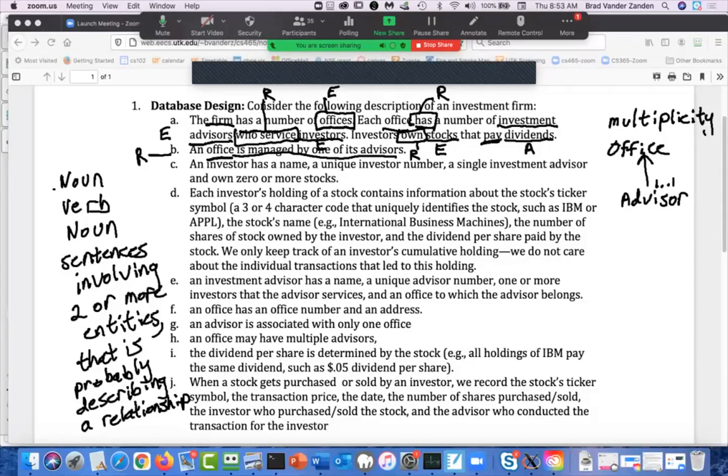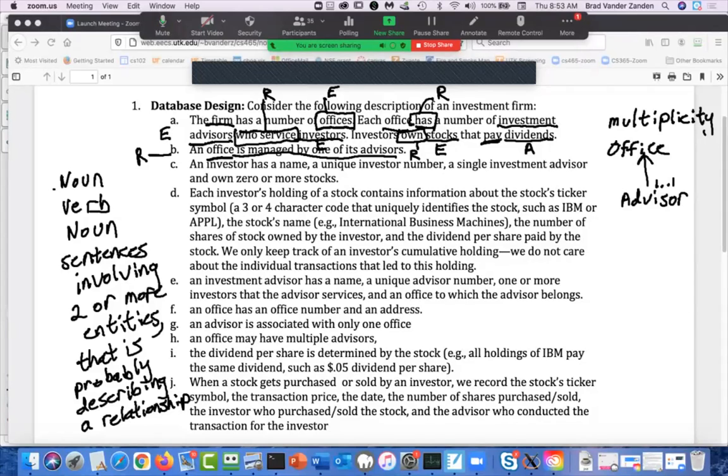So not only is B telling us about a relationship, it's also giving us multiplicity. Now, it's not telling us how many offices may be managed by an advisor. It's only telling us that an office is managed by one of its advisors. So it's a minimum of 1 and a maximum of 1.